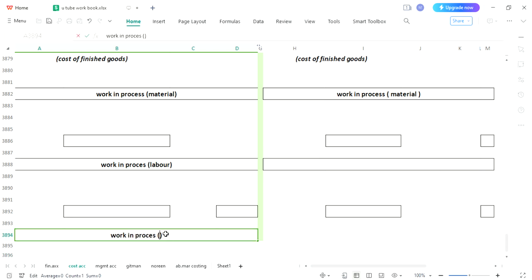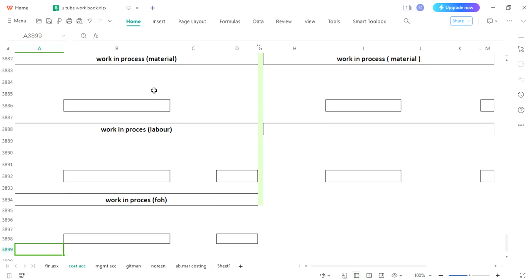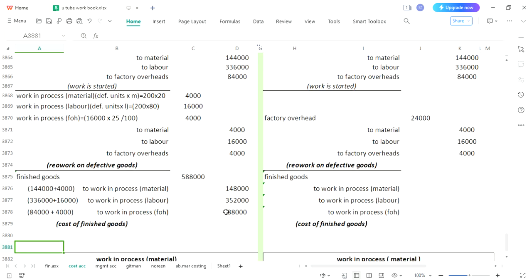I'm very sure that I've repeated these things so many times. So kindly keep it in your mind that you will make three ledgers: work in process material, labor, and FH, and their balances would be written over here. And the second indirect option, I have told you, you can do without making ledgers, but in the exam you are compelled, you are insisted to make ledgers, without which you will not be able to get good marks.